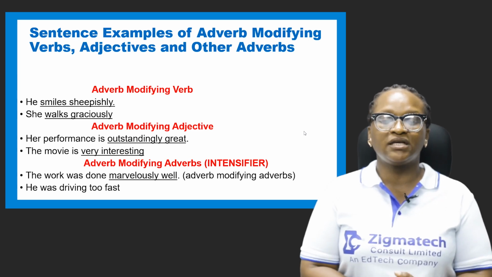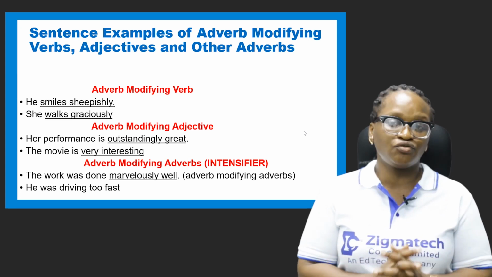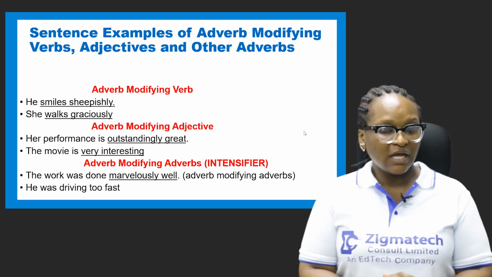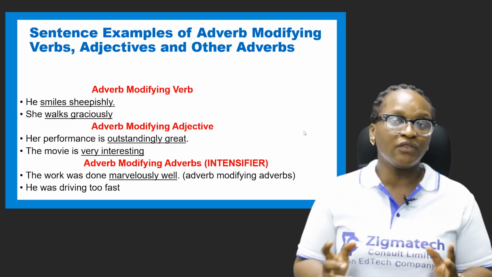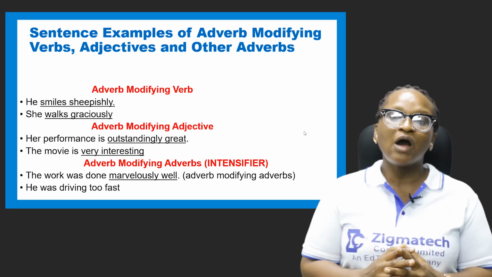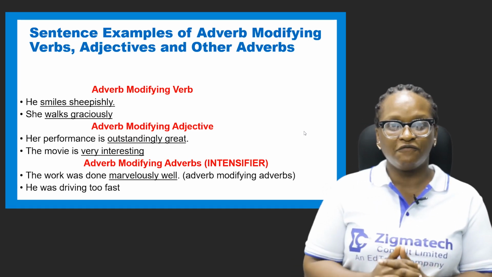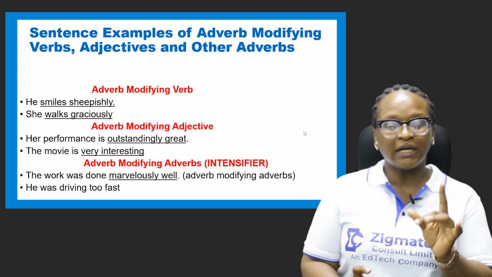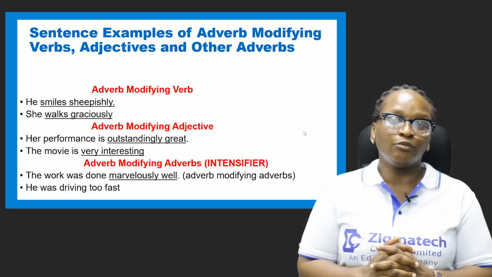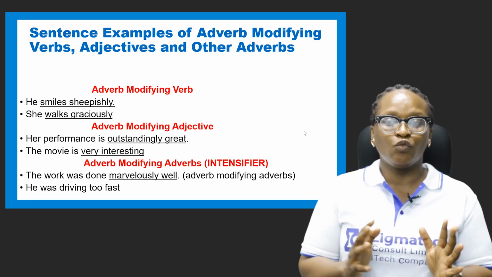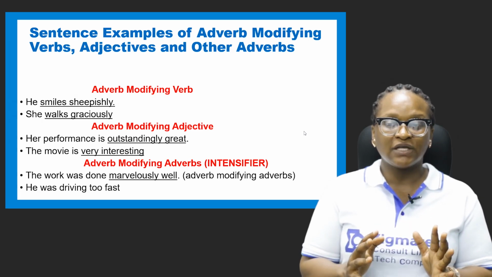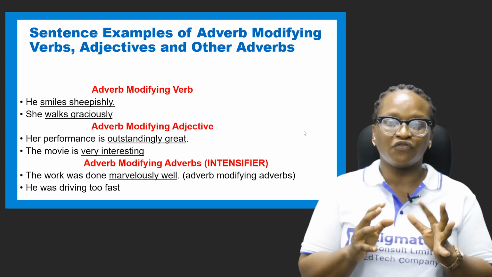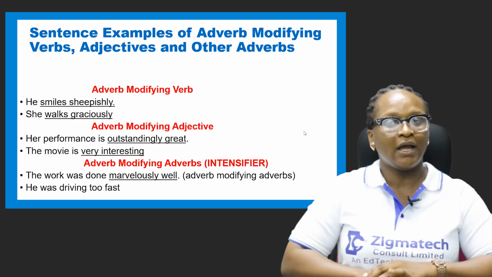Now the second one says the movie is very interesting. Again, I could say the movie is interesting. That's an adjective describing the movie as interesting. How interesting is this movie? Very interesting. So you see that, like I stated earlier, you can't basically say that all ly words are adverbs, and at the same time you can't say that there are no other forms of adverbs apart from the ly adverbs.